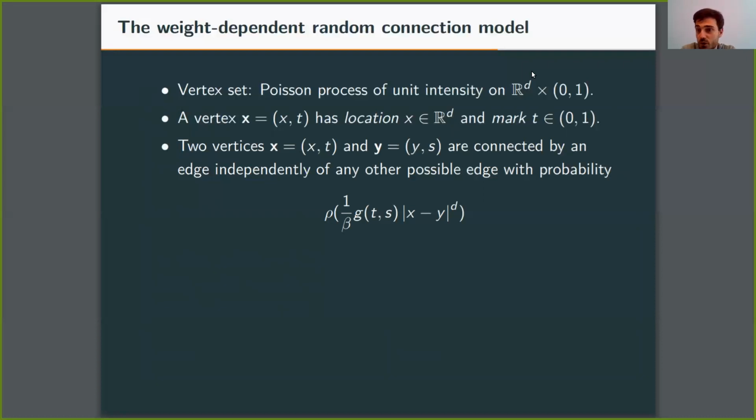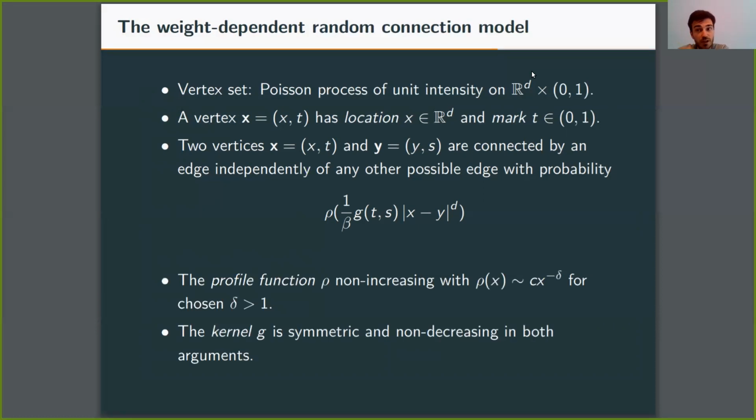We already do know one term in this stated probability. This is a kernel function g, which appears here. And here it is multiplied by the Euclidean distance of the two vertices to the power d and some temperature term 1 over beta, which controls the edge density in the model.